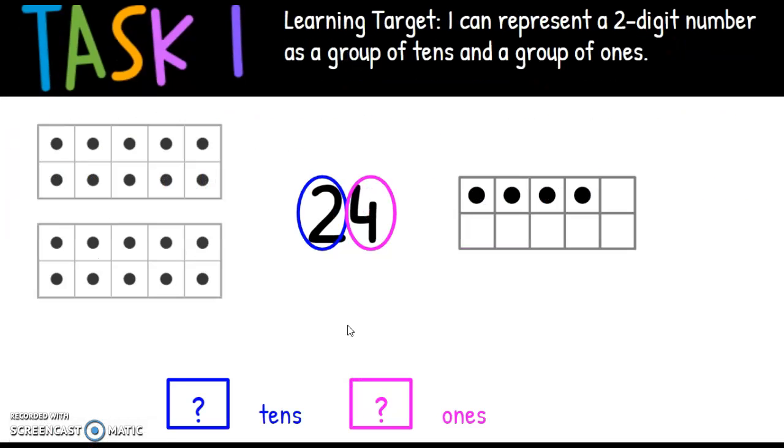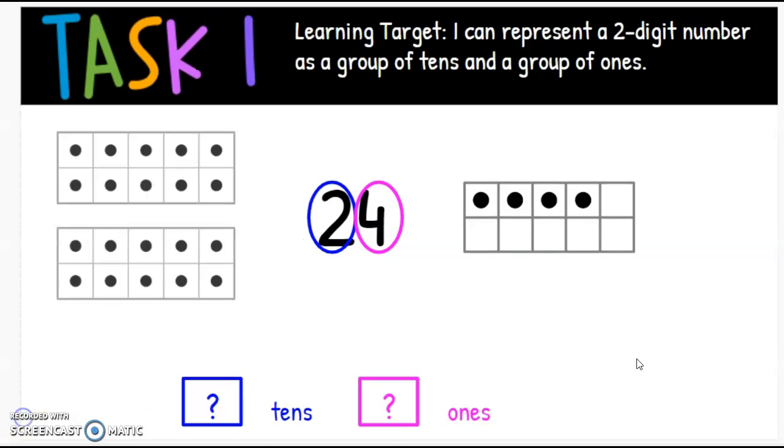Okay. So what I would like for us to do now is to record this on our slide. At the bottom, you'll see that we have a place to record how many 10s are in the number and how many 1s are in the number.